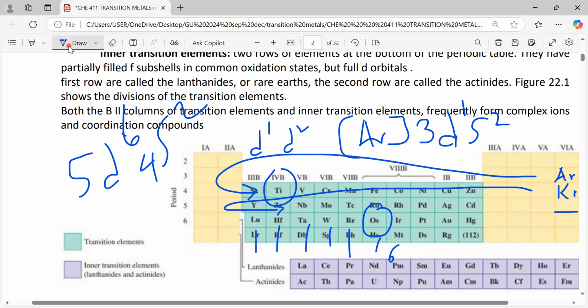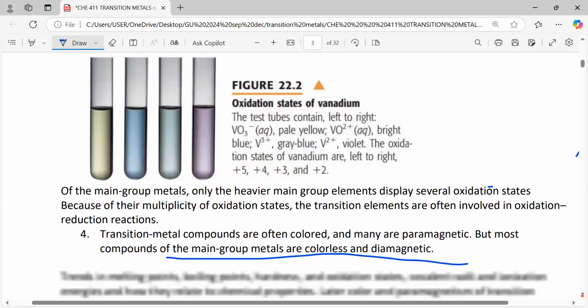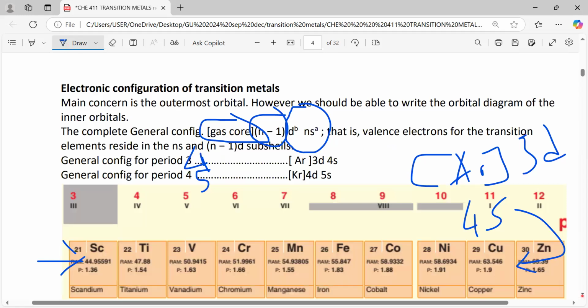So you can actually guess what silver will be. Silver automatically will be d7, 8, 9. Silver, Ag, is d9, and it's still in period 5, so it will be 4d9.